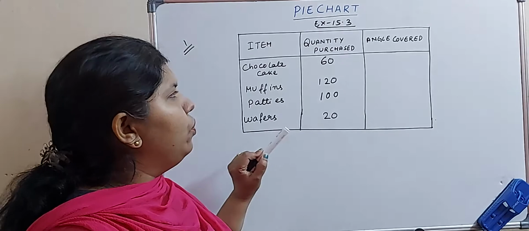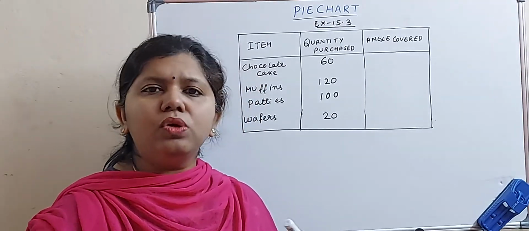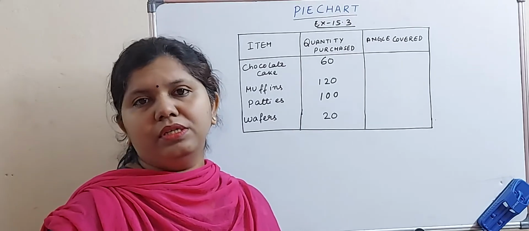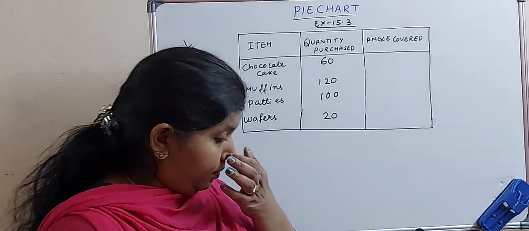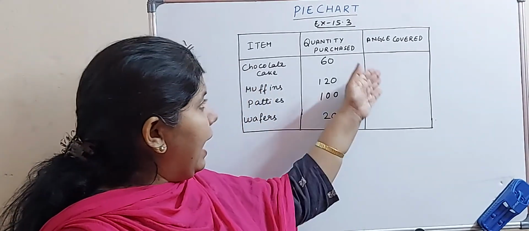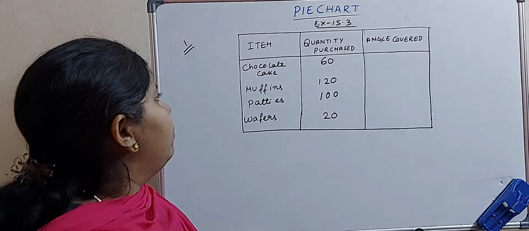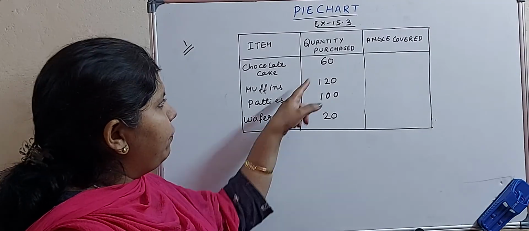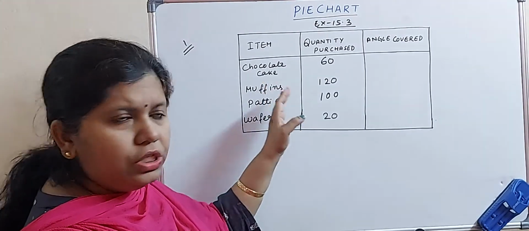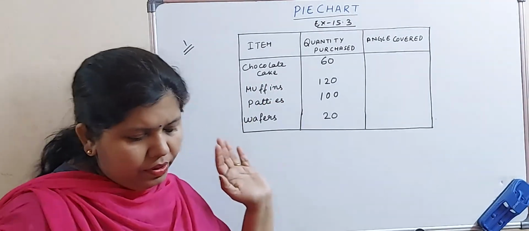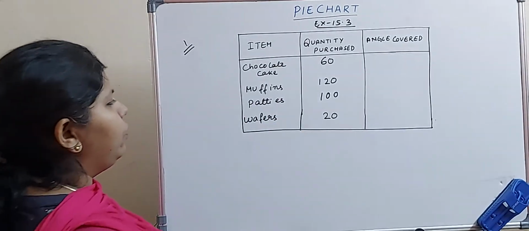What we have to do is represent, through a pie chart, how much part of the circle each item is occupying. For that, first let us take out the angles covered. First of all, I have to take out the total quantity purchased. The quantity purchased of each item is given, but the total is not given to you.